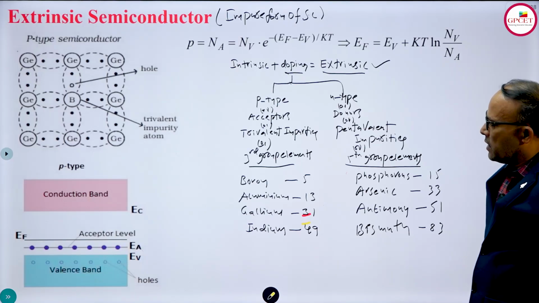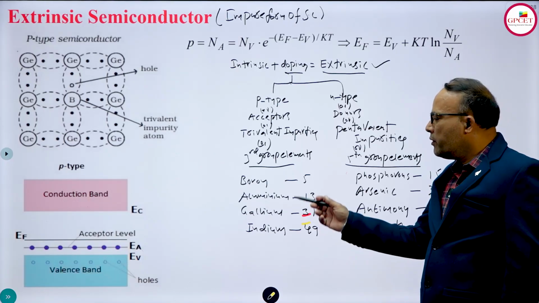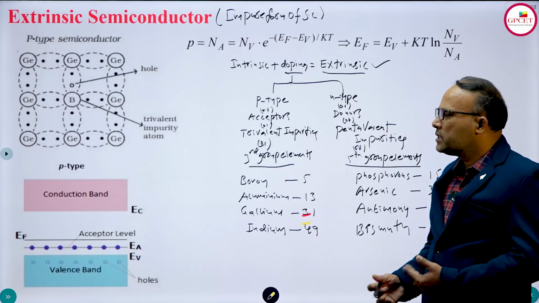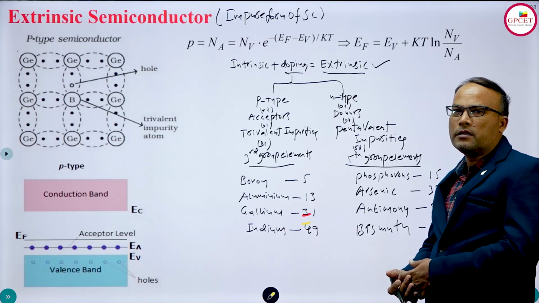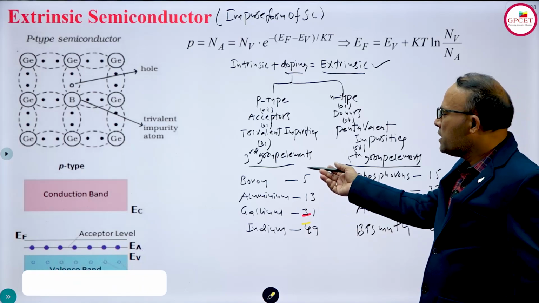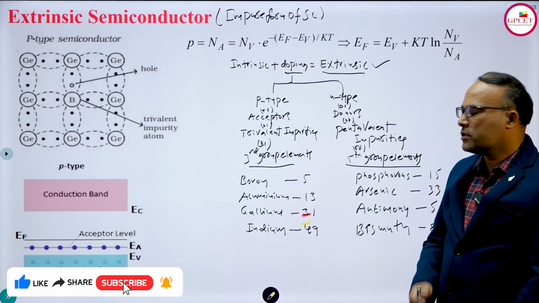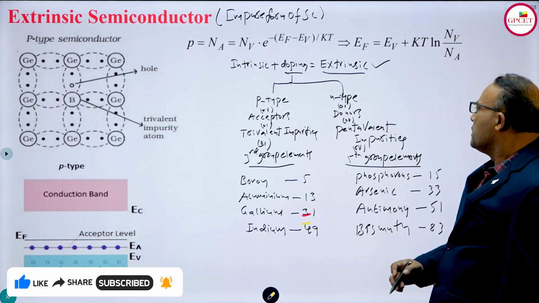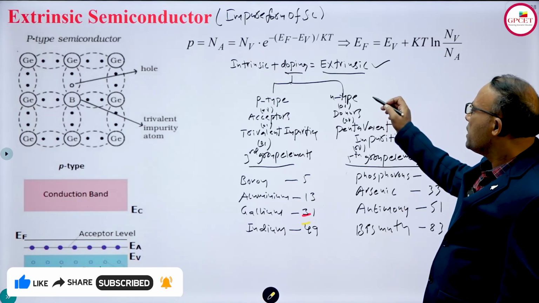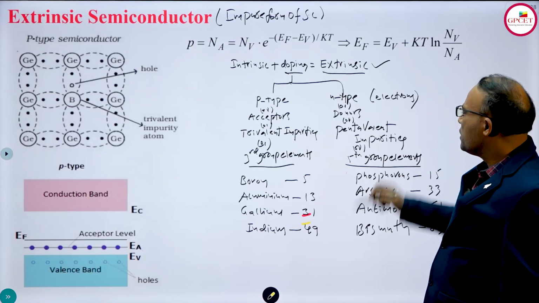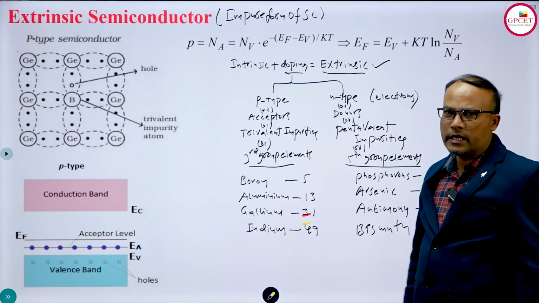So here, if you add boron or aluminum or gallium or indium to silicon or germanium material, then the majority charge carriers will be holes and minority carriers will be electrons. Whereas in n-type semiconductor, the majority carriers will be electrons if you add phosphorus or arsenic to germanium or silicon crystal.